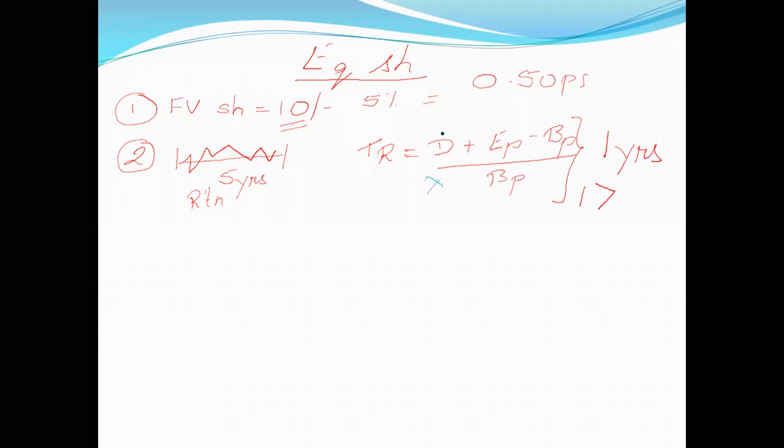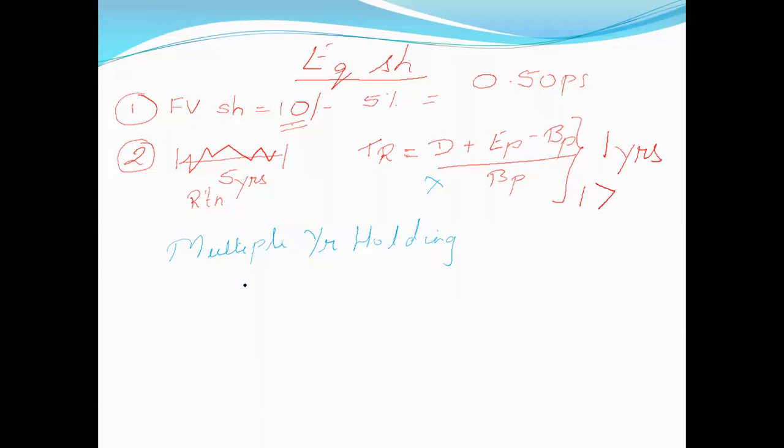So whenever you are holding a particular share for greater than 1 year, we have to use a concept called the multiple year holding period formula. Using this formula, we are going to estimate what could be the potential return on that particular share, or in other words, how much return can be generated by holding the share up to that particular price.